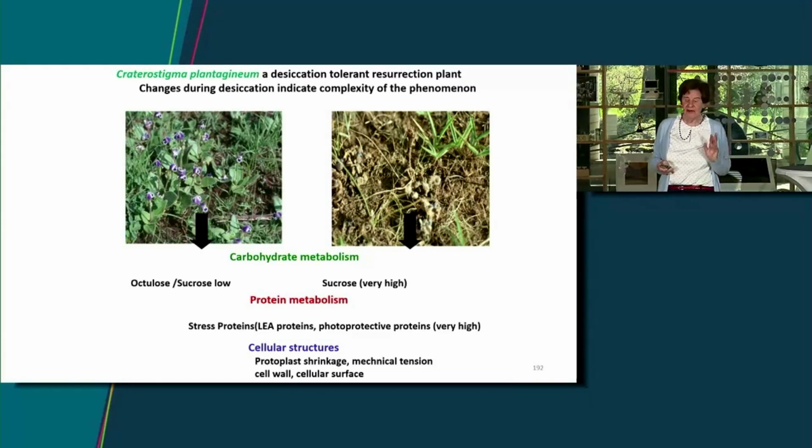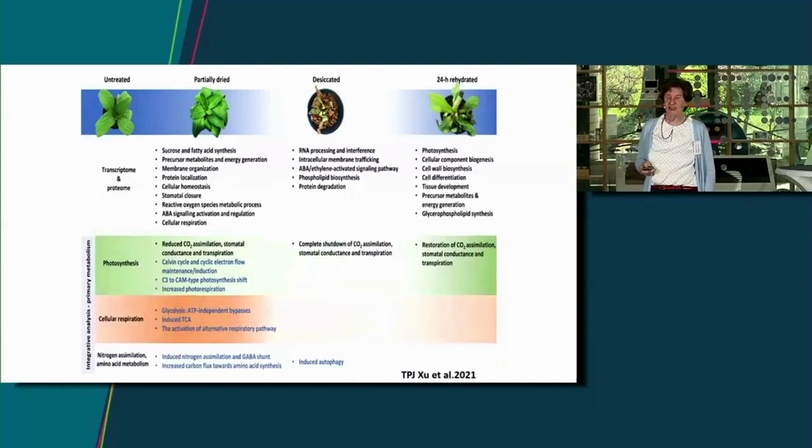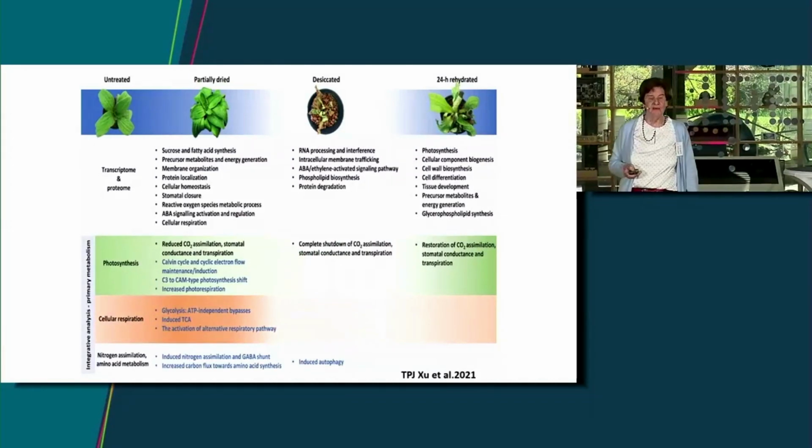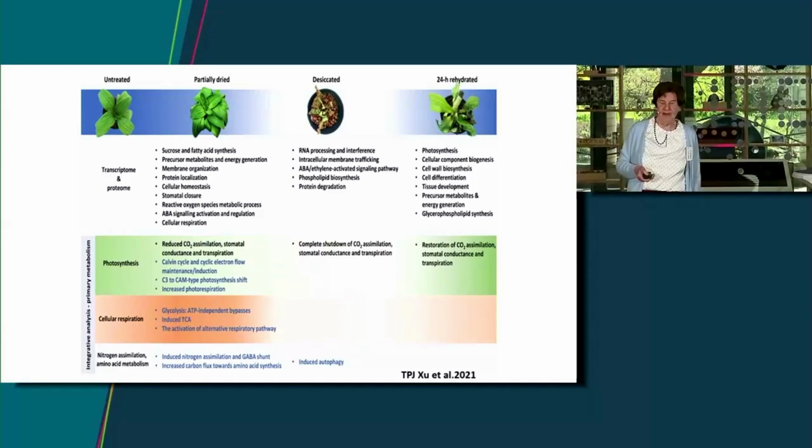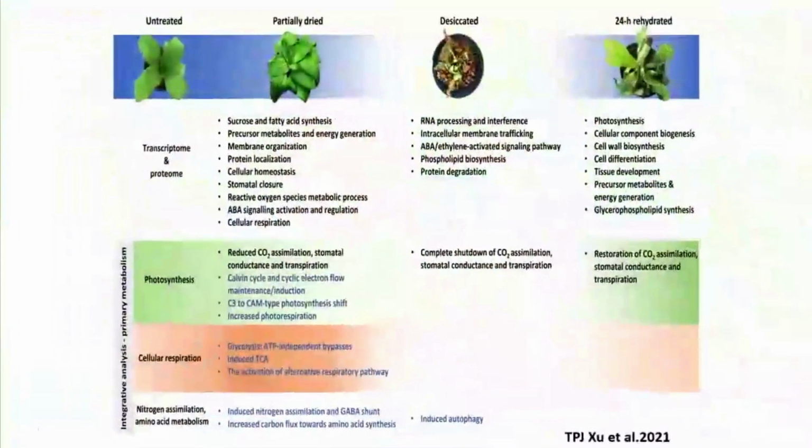The next slide is quite a busy slide, but it also summarizes some work which we did in collaboration with a group in Luxembourg, namely that we tried to put together the induction of genes, the accumulation of messenger RNAs throughout the 4 different stages, which you can see from left to right: fully hydrated, partially dehydrated, desiccated, and rehydrated.